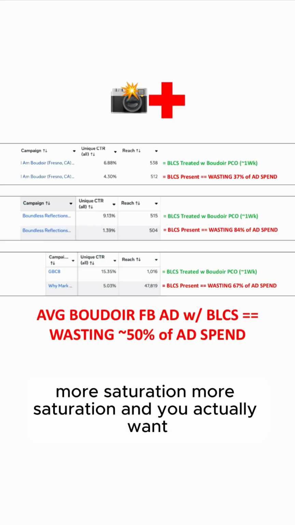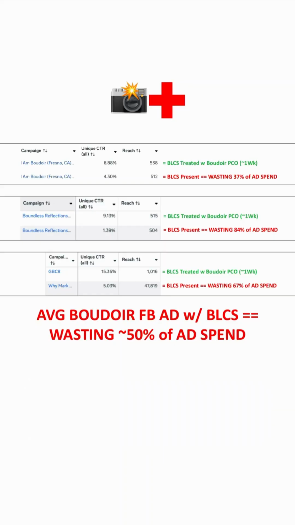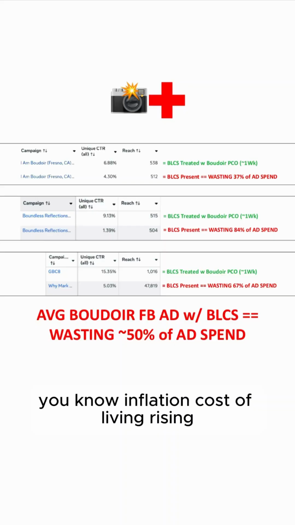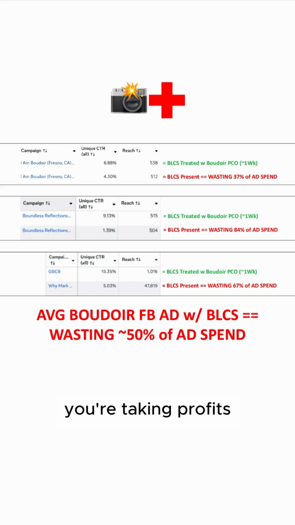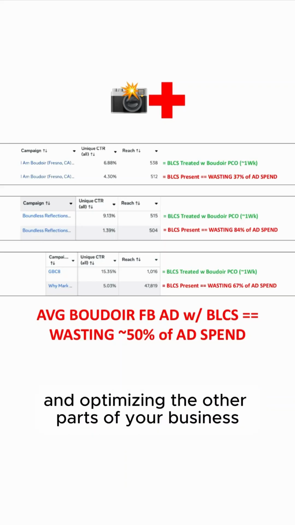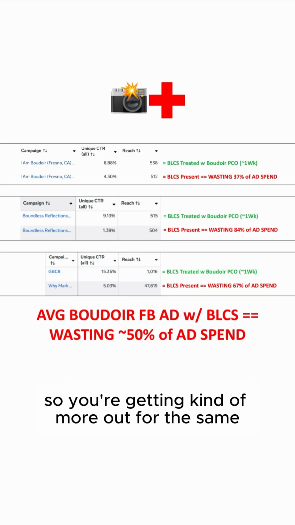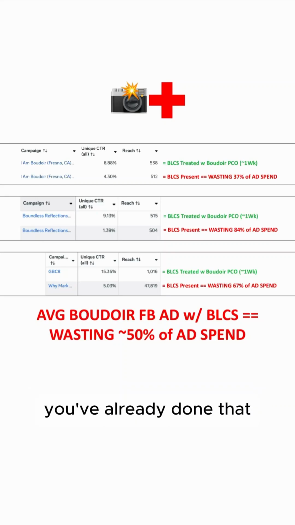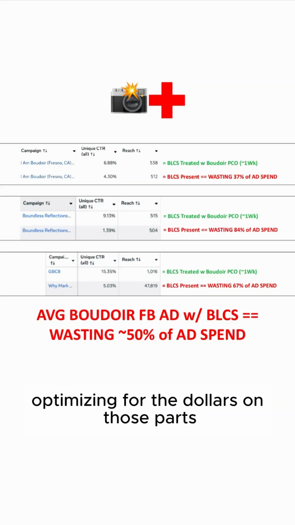And you've also been seeing inflation, cost of living rising. So you've already decided you're taking profits and optimizing the other parts of your business. So you're getting more output for the same inputs, being more efficient. You've already done that with other parts of your business, optimizing for the dollars on those parts.